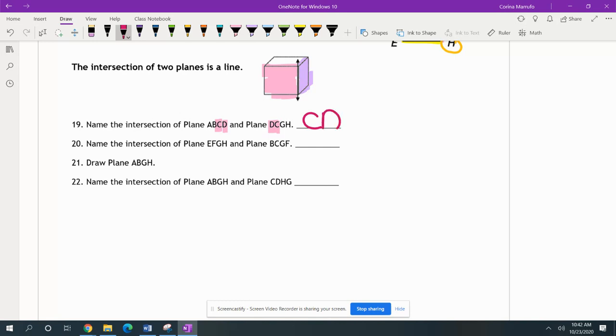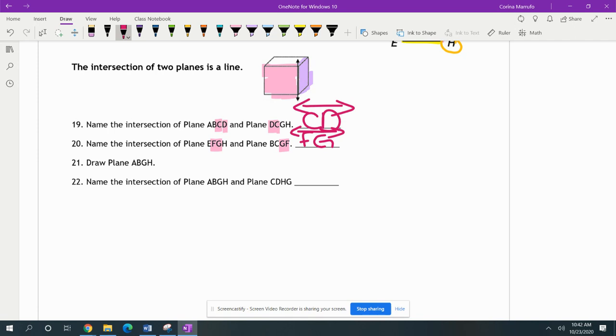So line CD is their intersection. The next one says name the intersection of plane EFGH and plane BCGF. We look at which ones they have in common. They both have an F and G in common. So that means they both intersect at F and G.